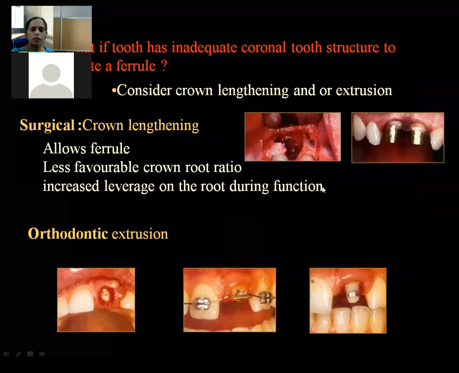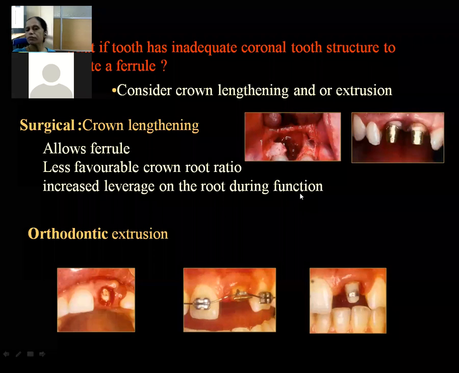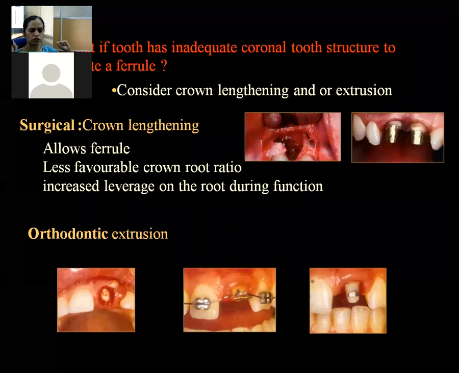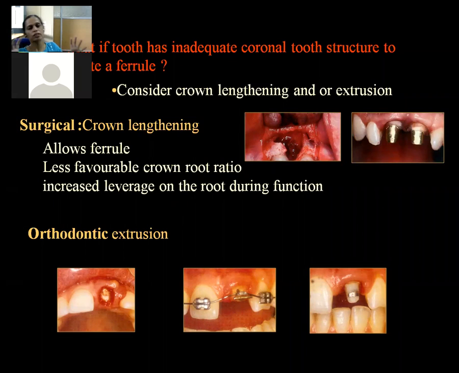Suppose sufficient tooth structure is not there for giving a ferrule. In that case, how will you get sufficient coronal structure? To give a ferrule, you need sufficient crown structure, and if it is not there, what are you going to do? You can do it in two ways.